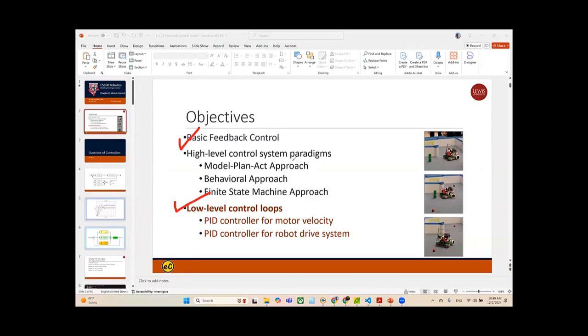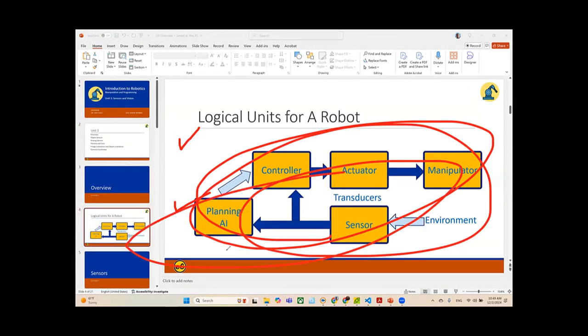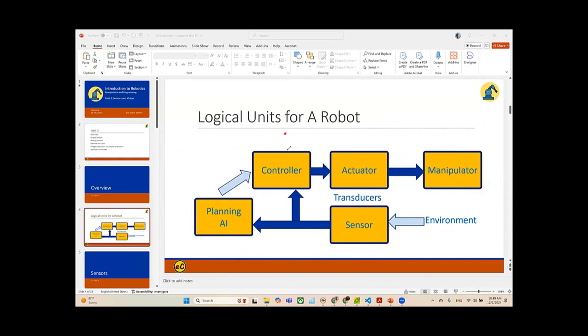What is the difference between high-level control and low-level control? High-level control is the so-called model, plan, act approach. Usually this one handles the whole loop. Low-level control is specific to the controller, your system variable versus the output.